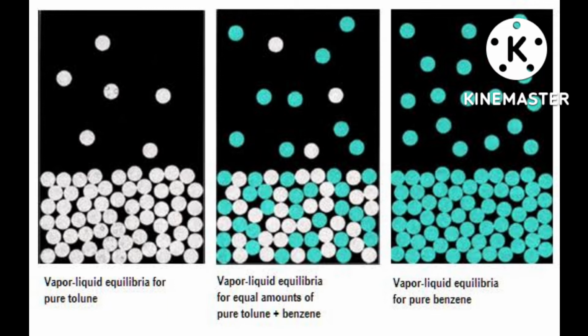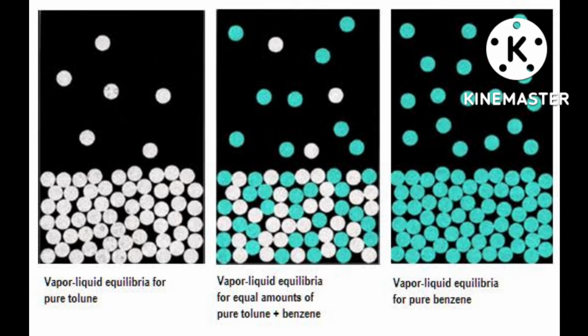Initially, the liquid evaporates and pressure exerted by vapors on the walls of the container increase. Okay, that is the vapor pressure increases. After some time, it becomes constant. An equilibrium is established between liquid phase and vapor phase.